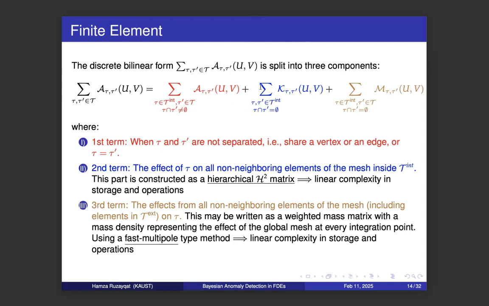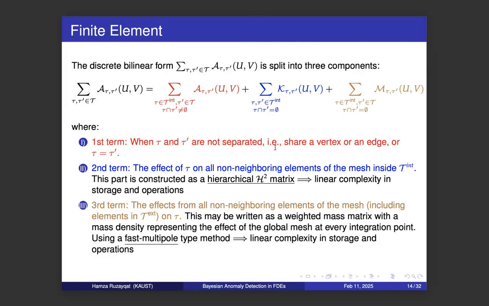The second is when T and T' are in T internal, the internal triangulation, but these triangles do not intersect. And this actually shows the effect of the triangle tau on all non-neighboring elements of the mesh inside T internal.